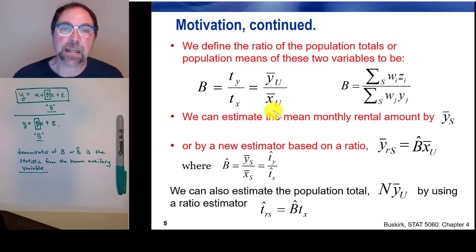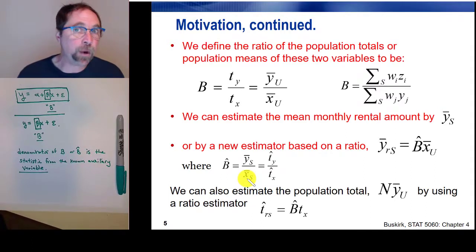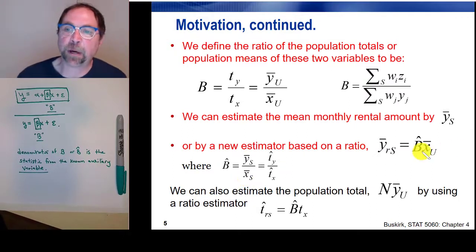We don't know Y bar U, so we'll replace it with Y bar from the sample. This is the simple random sample. That's exactly what this value is here. And then the denominator will be the sample mean of the X variable. Now remember, we know the X is for the entire population. So that's where this X bar U comes in.